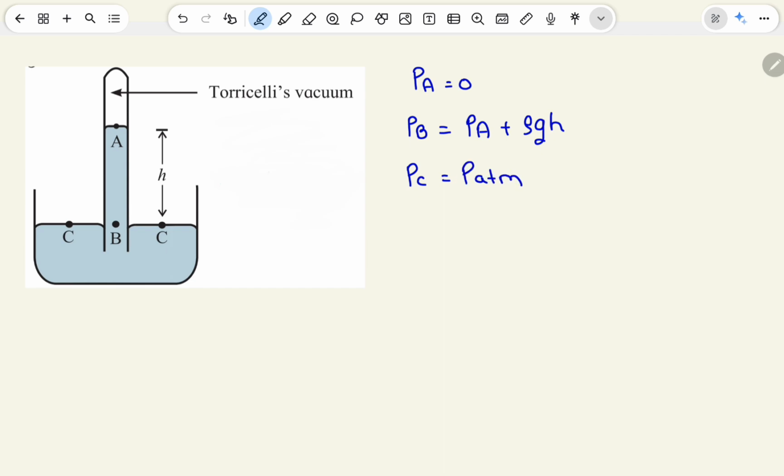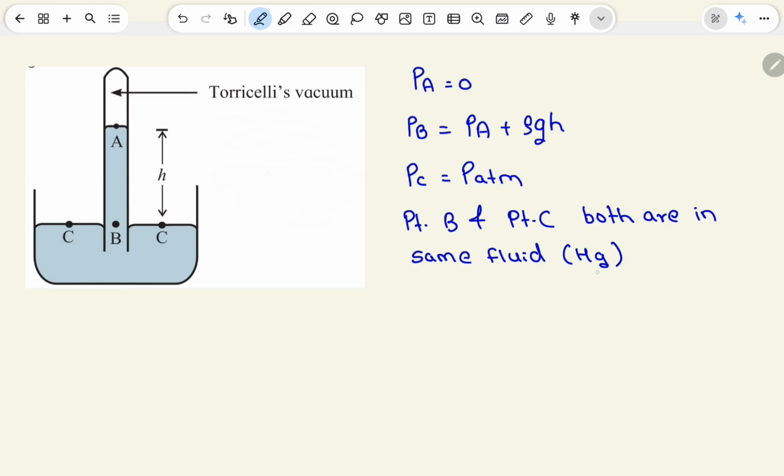Now, point B and point C, they both are in the same fluid, which is nothing but mercury, and they are also at the same horizontal level, and we know that whenever 2 points are in the same fluid and at the same horizontal level, the pressure at both these points must be the same.